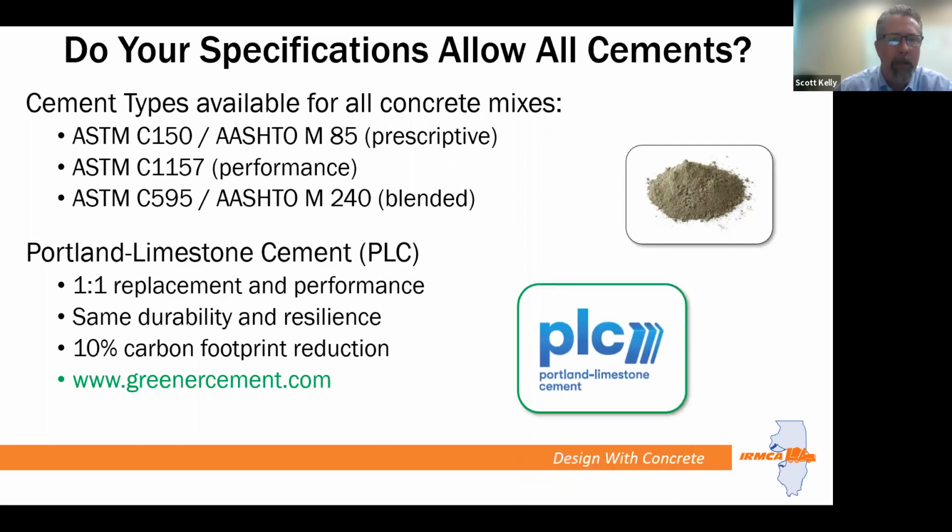Portland limestone cements, PLCs, are under ASTM C595. It's a one-to-one replacement in performance for standard OPCs. It offers the same durability and resilience and offers a 2% reduction in the carbon footprint of the cement.